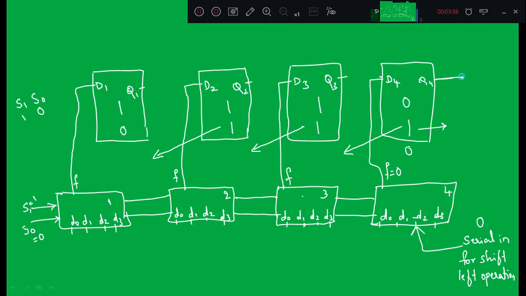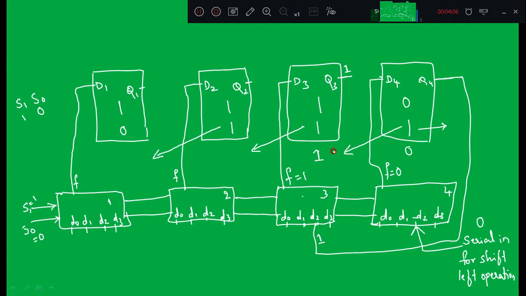So this Q4 needs to be connected to D2. The previous value of this flip flop is taken and connected to D2. That means this mux will select the content of D2, which is 1, and F is equal to 1. F is connected to D3, and Q3 will become equal to 1. So that means this one is shifted towards left.